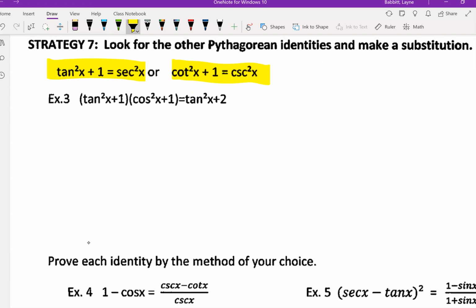All right, so we are going to try to identify those identities in this problem. You might be able to see one of these Pythagorean identities right away. This is the same as the one right above it, so that can simplify to secant squared x. The other one kind of looks like this, but it is not at all the same. That's cosine, that's cotangent, so we can't use that.